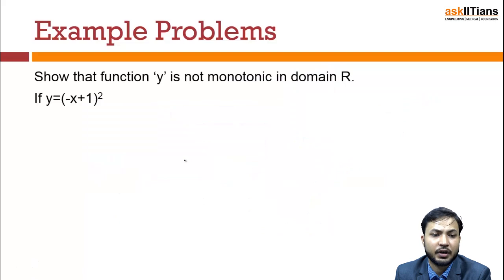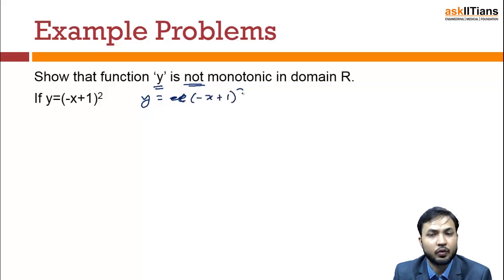In the next question, you need to show whether the function y is monotonic or not. Basically, it is given that you need to show that it is not a monotonic function. Now I have y equals to minus x plus 1 whole square, I can also write this as x minus 1 whole square, right?